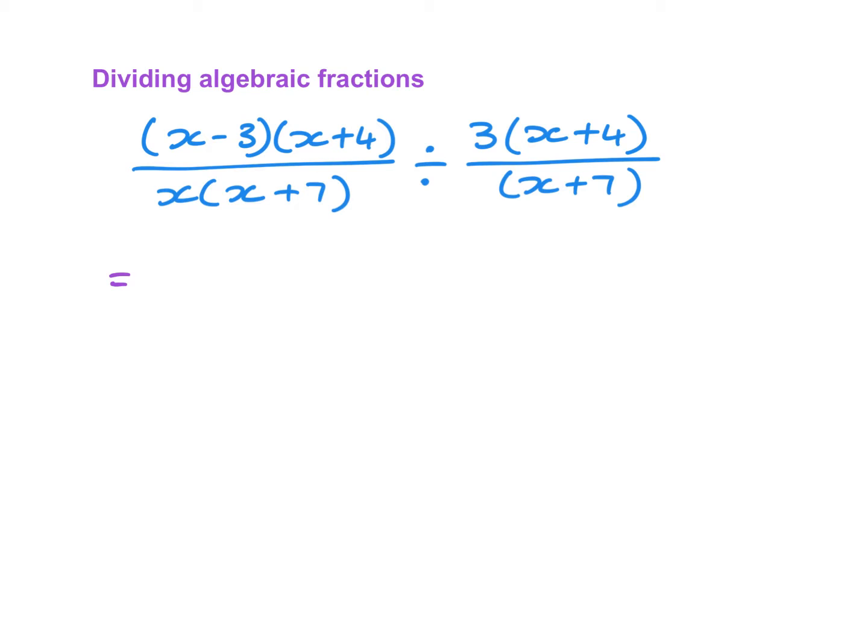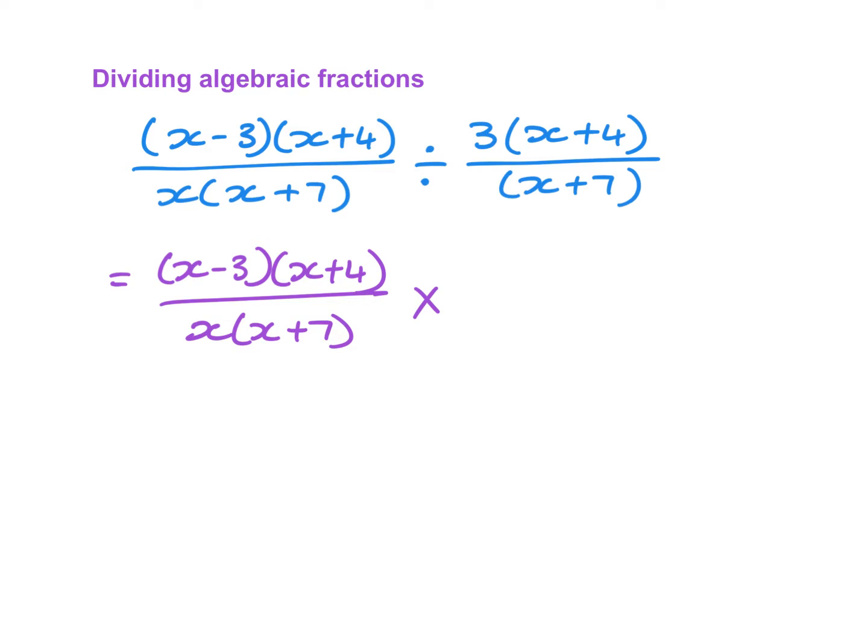So I can rewrite this as x minus 3 over x plus 7 multiplied by x plus 7 over 3x plus 4.